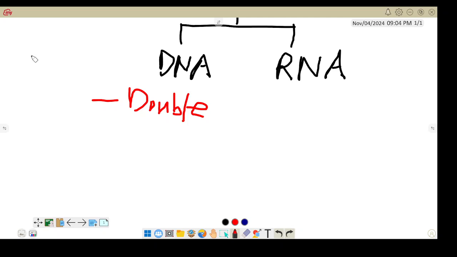In part 2 later on, we'll discuss translation and those processes of DNA transcription. DNA is a double helix. It forms two strands, and RNA, as we're going to look at, is just one strand. So the DNA has double strands, a double helix structure.